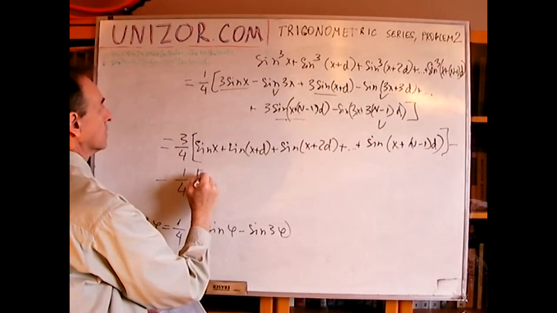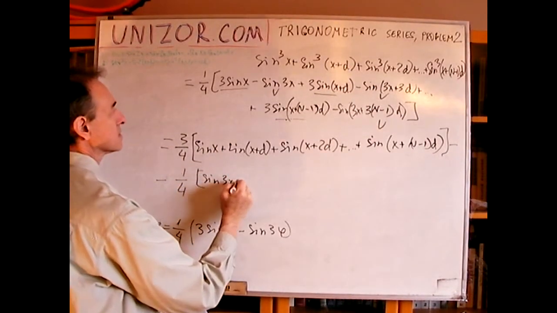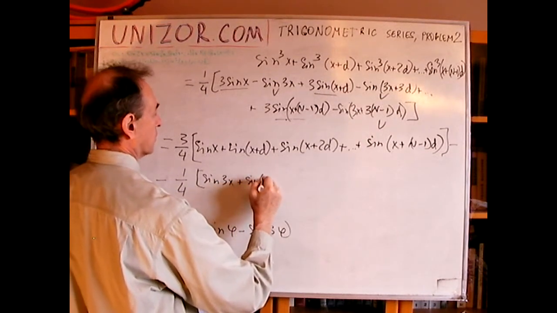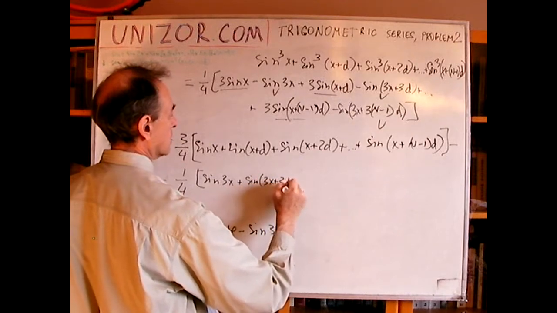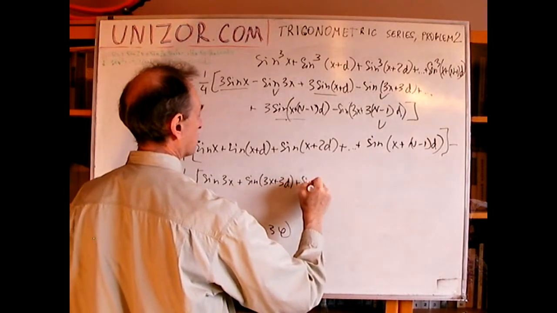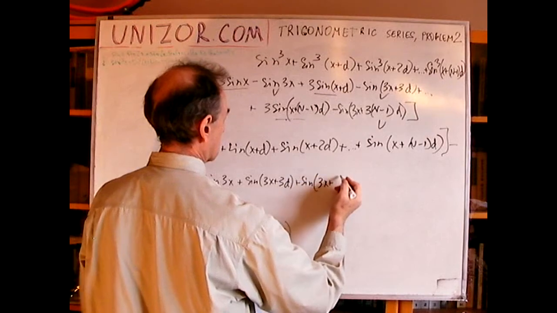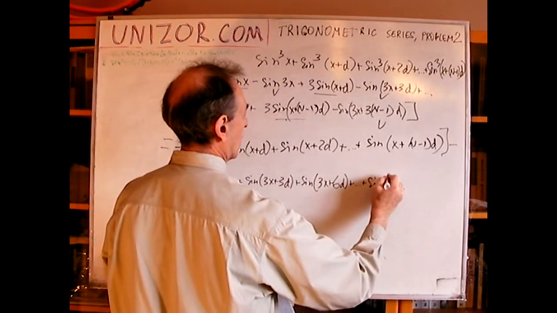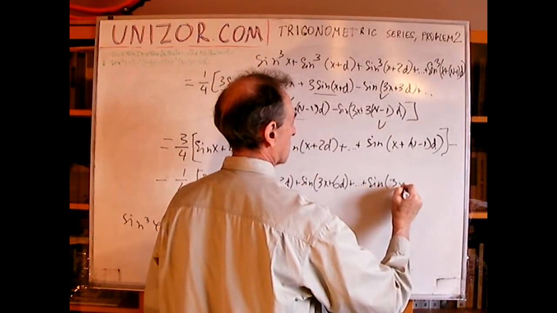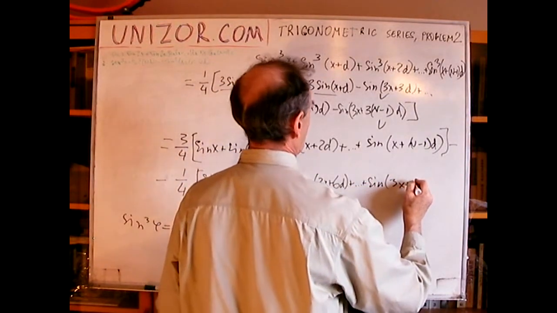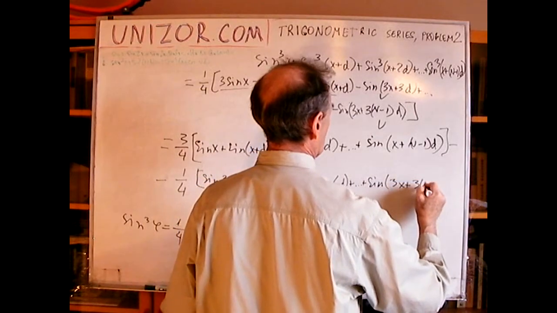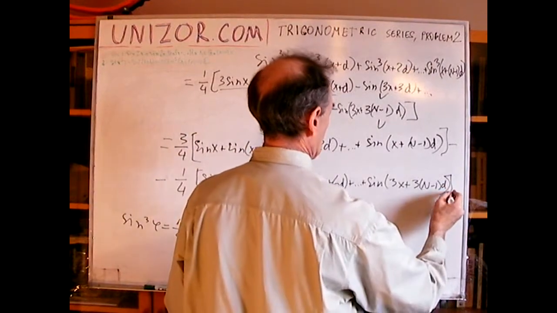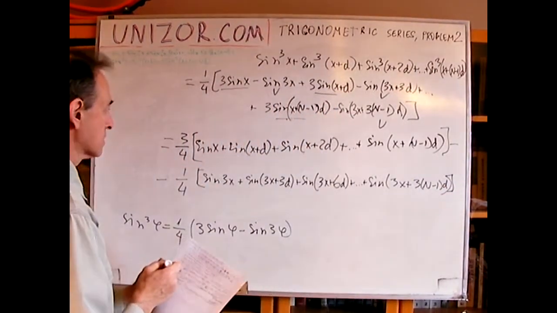And I have here sine of 3x plus sine of 3x plus 3d plus sine of 3x plus 6d plus sine of 3x plus 3 times n minus 1 d. So we have two sums.